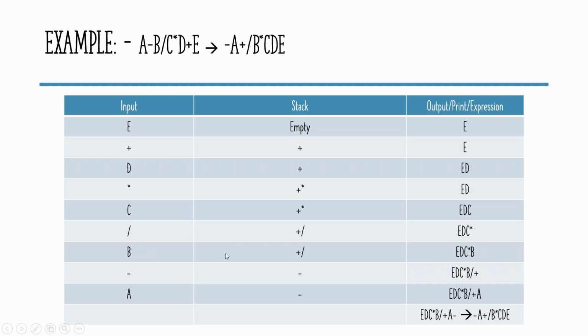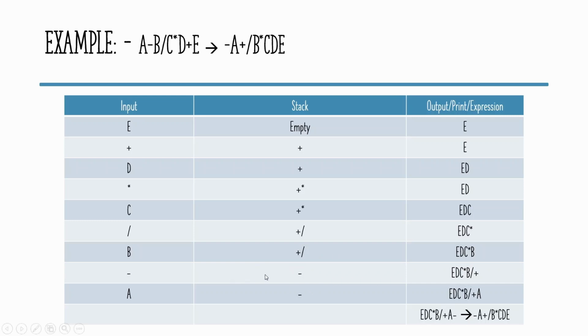Afterwards we get b, so we simply output this, and then we get minus. So minus is lesser precedence than division. Then it popped out the division, then it checked for plus. Again they are of similar precedence, so again it popped out plus.